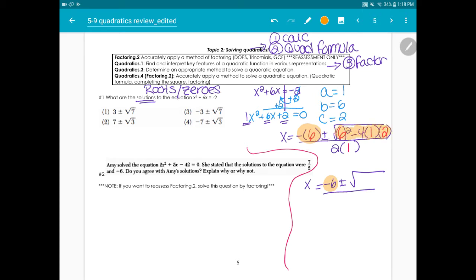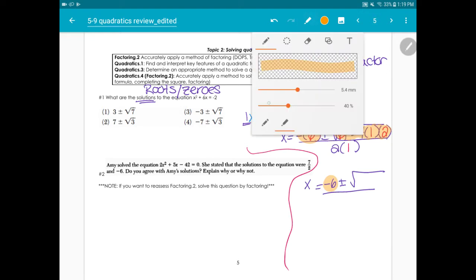Let me do it on the side quick: 6 squared minus 4 times 1 times 2. You should be doing that in your calculator.